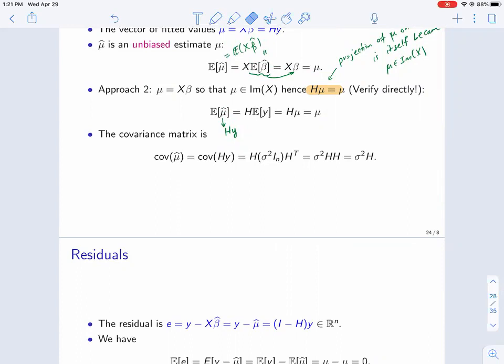So covariance of mu hat is covariance of Hy. That's the formula. And then I get, this is equal to H covariance of Y H transpose. Okay, and the covariance of Y is sigma squared I_N. So I get this expression. I can pull sigma squared out, and I can replace H transpose with H. Why can I do that?